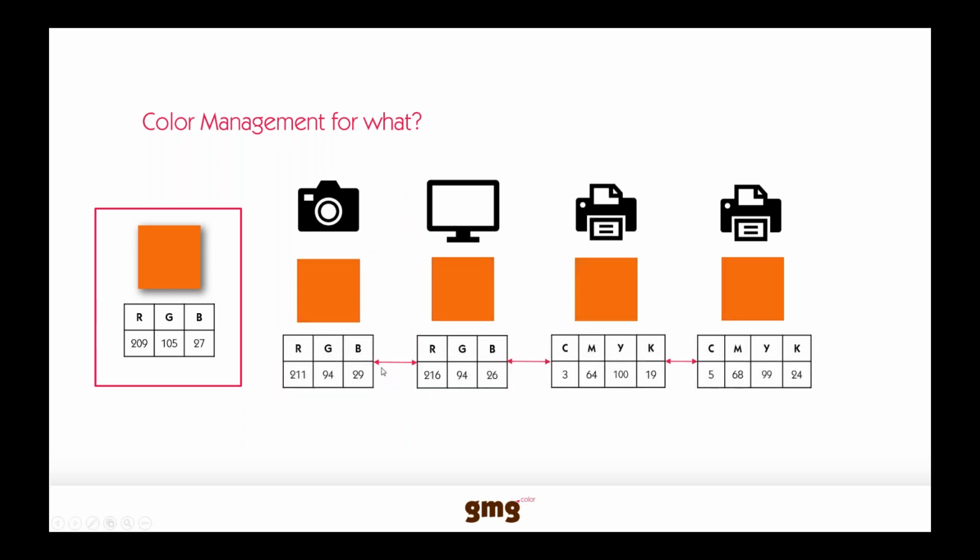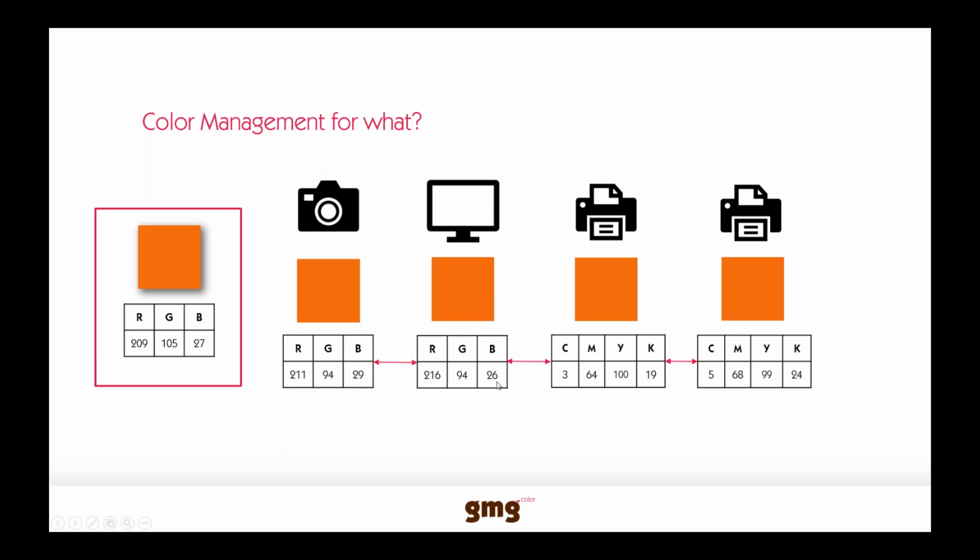So as you see here, those pink arrows are our device profiles, device link profiles, conversion profiles, or separation profiles. They are nearly different words for the same technology. They manipulate those values here to receive the same color image.